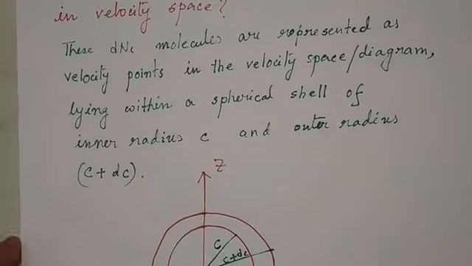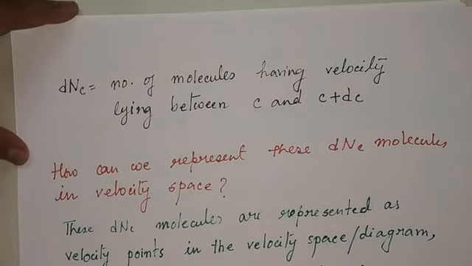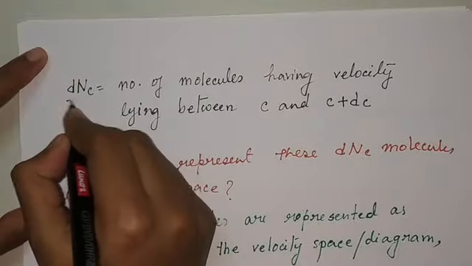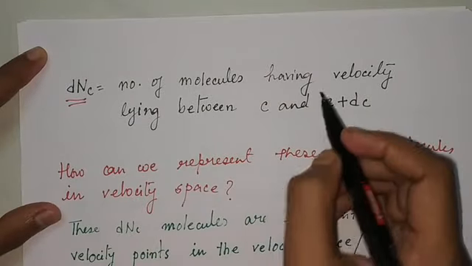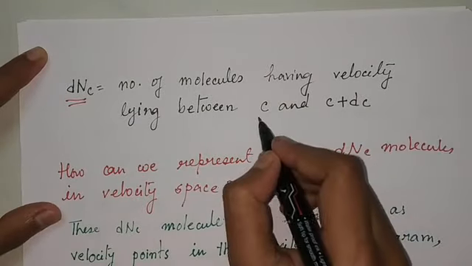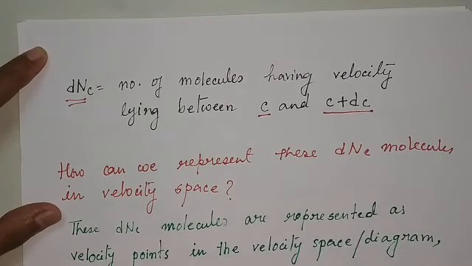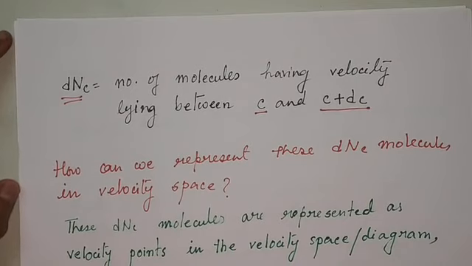Now suppose there are dnc number of molecules which have their velocities lying between c and c plus dc. So till now we have talked in terms of velocity components. That is, we said that there are some molecules which had their x component of velocity lying between u and u plus du, y component of velocity lying between v and v plus dv.